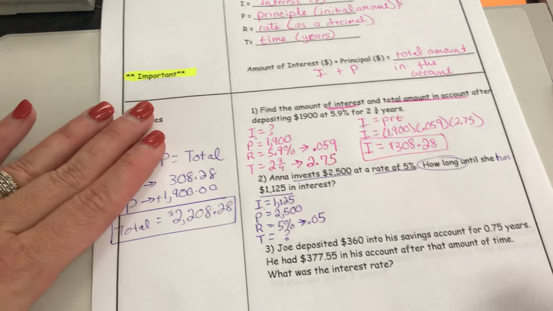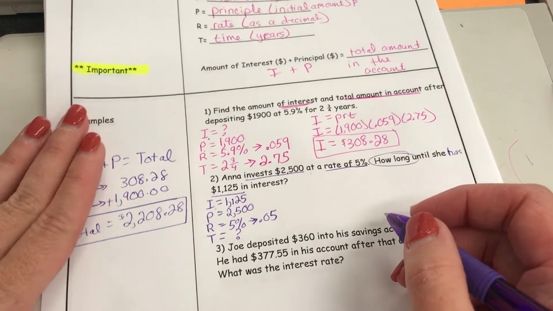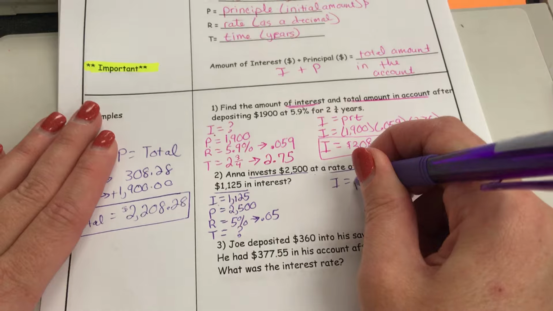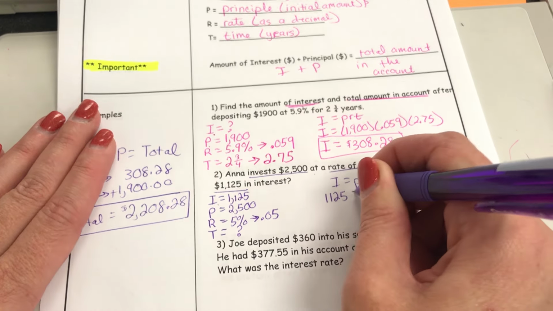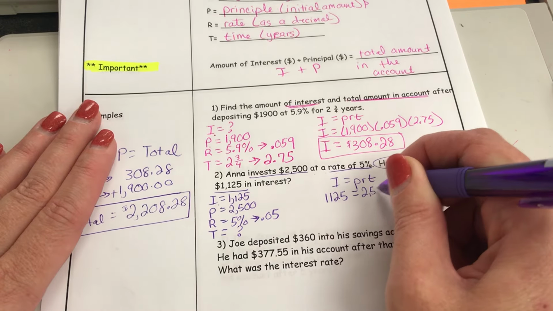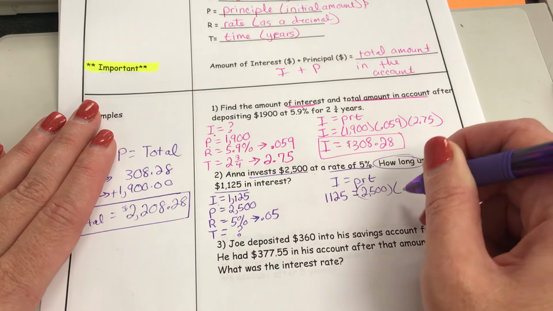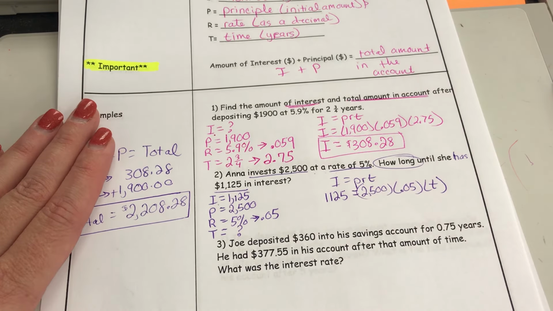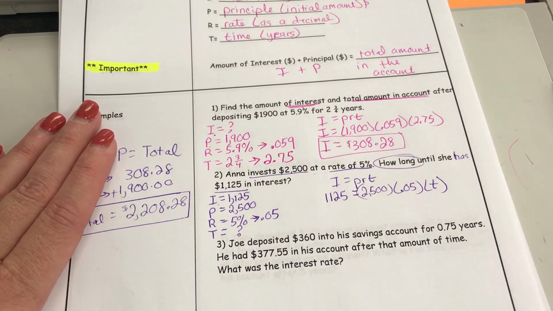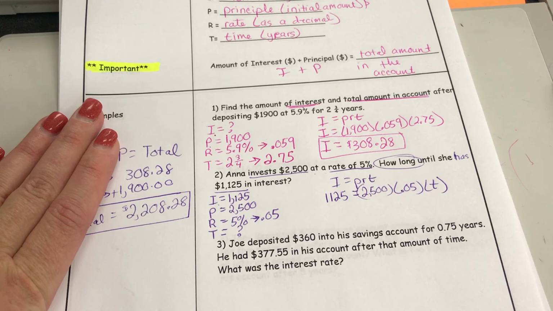So here we go. Let's write out our equation again. I equals PRT. Our I is 1,125 equals 2,500 times our rate is 0.05, and we don't know what T is. So, using our equation rules, what do we do first?